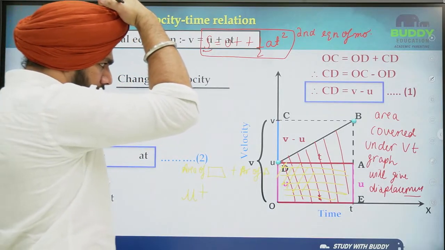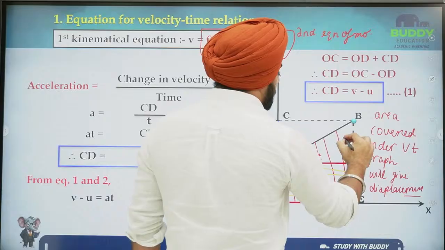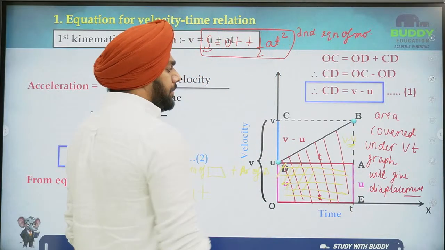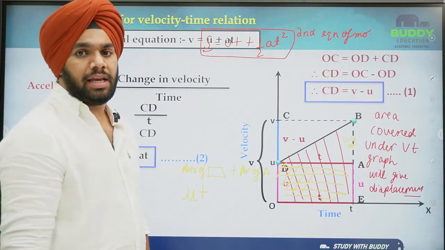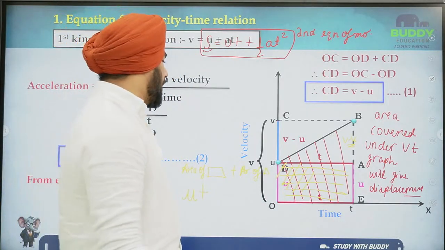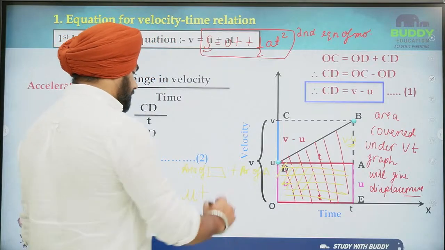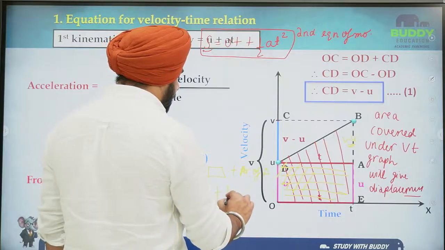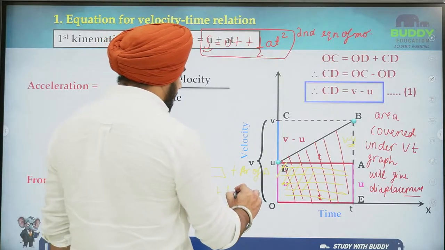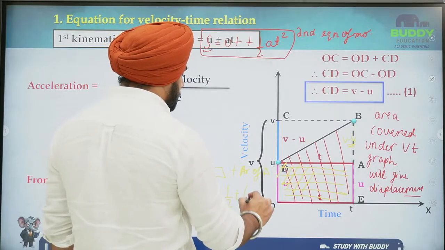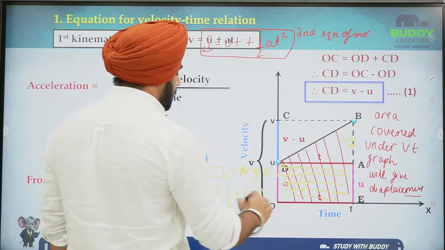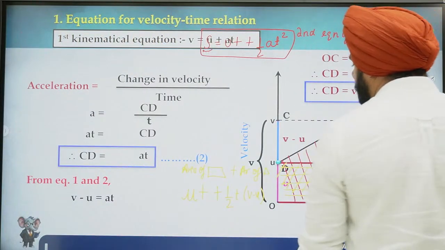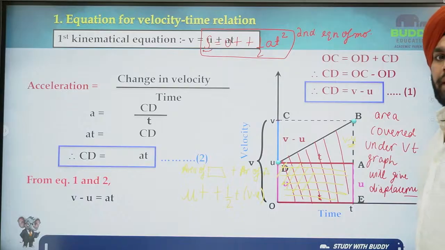For the triangle, just check. This length is v minus u; I mean, this is the height of the triangle. Base is time, right? So what is the area of a triangle? Half base into height. So the area of the triangle is half, base is time, into height, which is v minus u. Take a look.